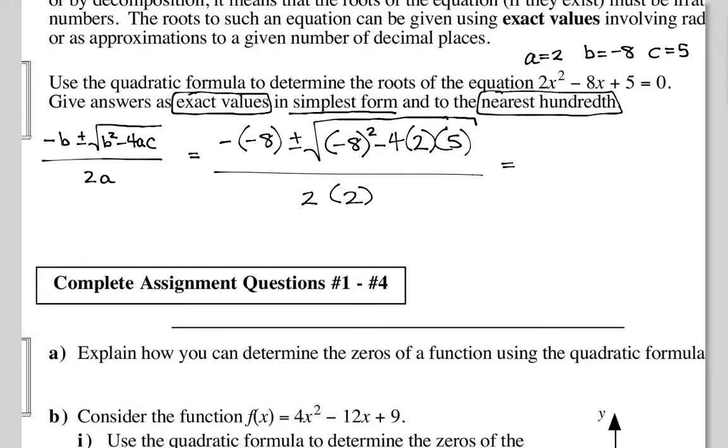So the front term and the bottom term are typically simple to arrive at. So on the front you have an 8, plus or minus. And on the bottom you have a 4. Now for whatever that junk is under that radical house, I would recommend the calculator.